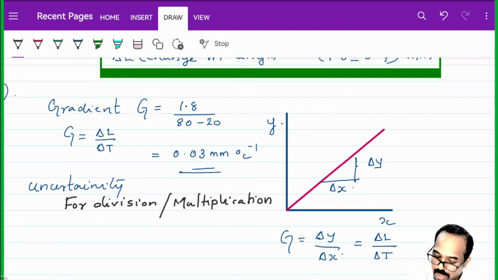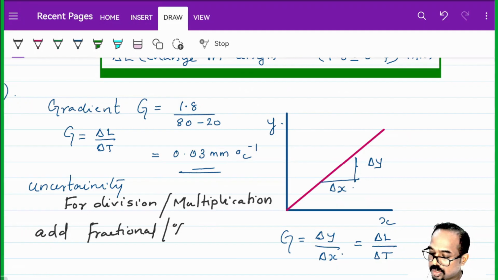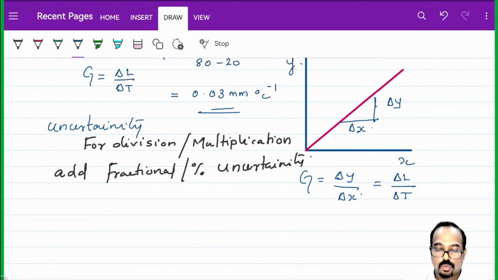Clear? So add fractional or percentage uncertainty. Got it? So now fractional uncertainty, use fractional uncertainty always, okay? It will become easier.